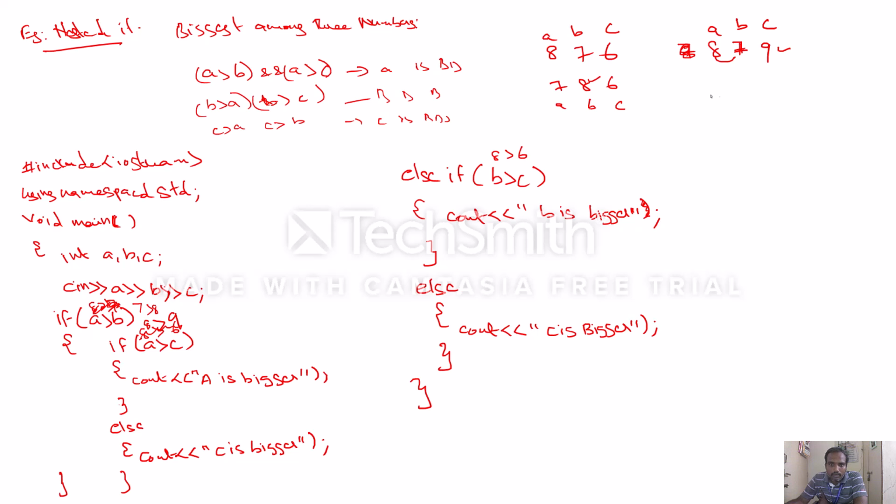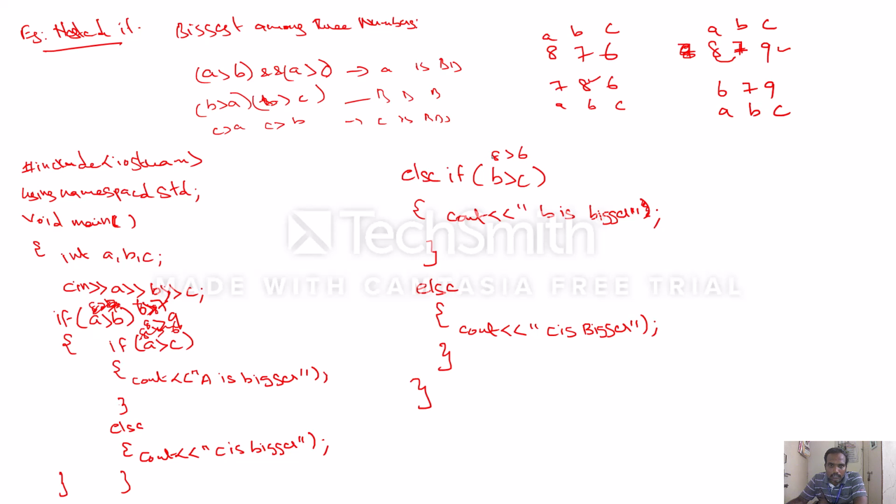So next combination, 6, 7, 9. This is the A value, B value and C value. First, it checks A greater than B, 6 greater than 7, and the condition fails.